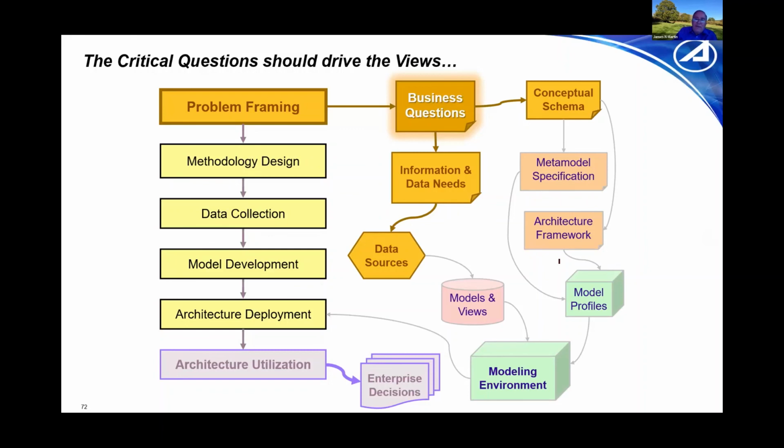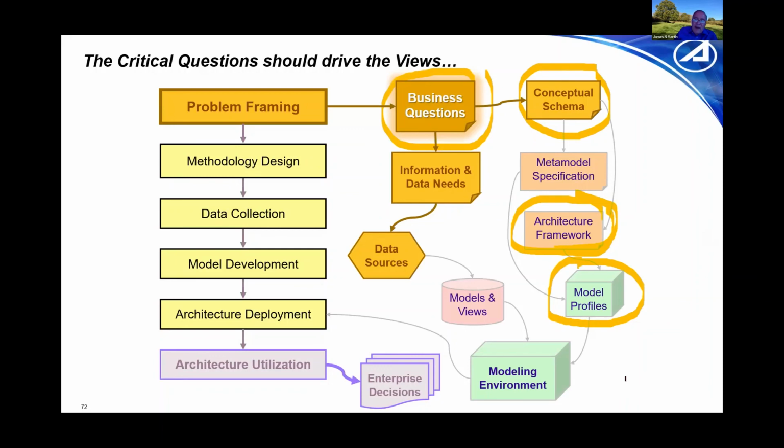So then you would need to take the UAF itself, take the particular portion of the schema that answers these questions, and then you would tailor this and then build your model profiles, which is basically your tailoring in a modeling environment, build your models and views, and then you can use that for making enterprise decisions.